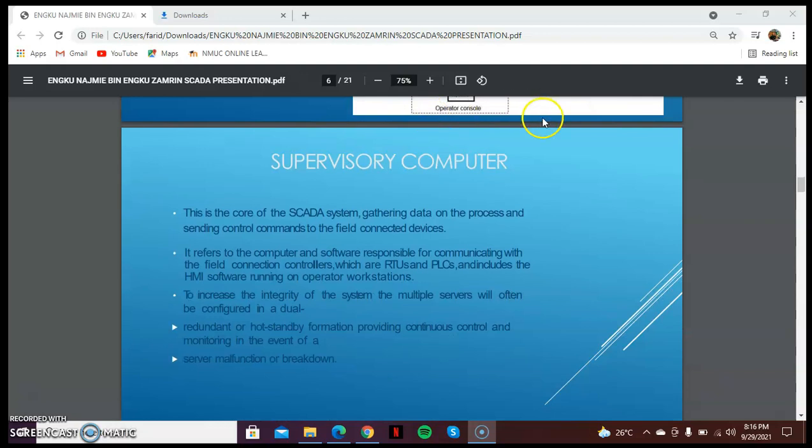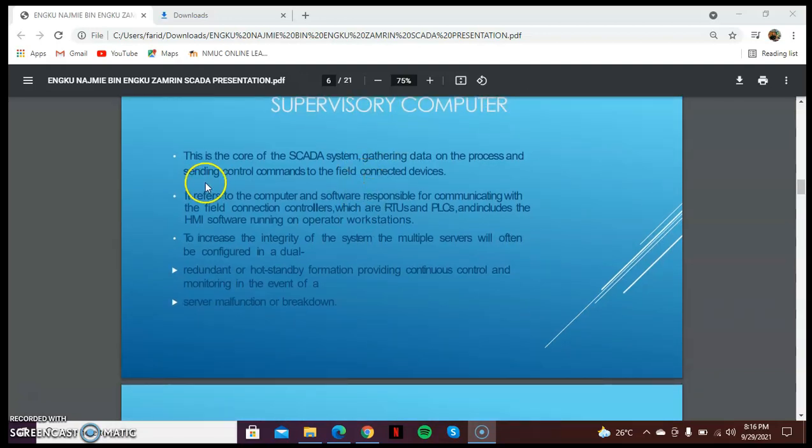And then this is the supervisory computer. The supervisory computer is the core of the SCADA system, gathering data on the process and sending control commands to the field connected devices.